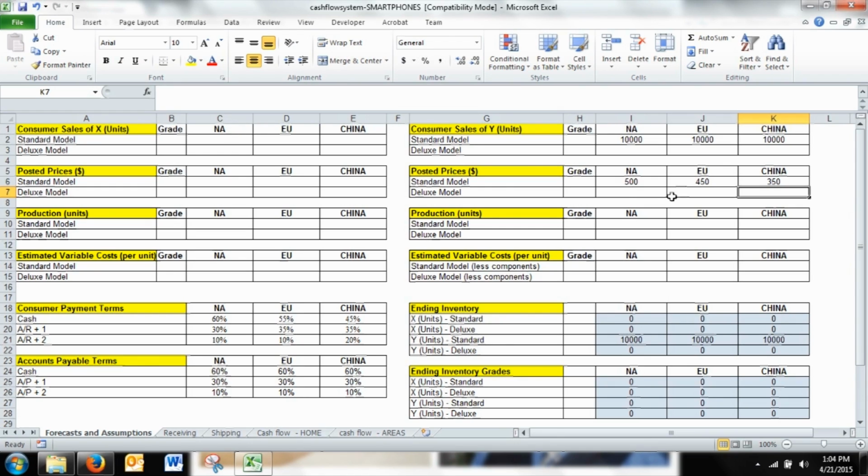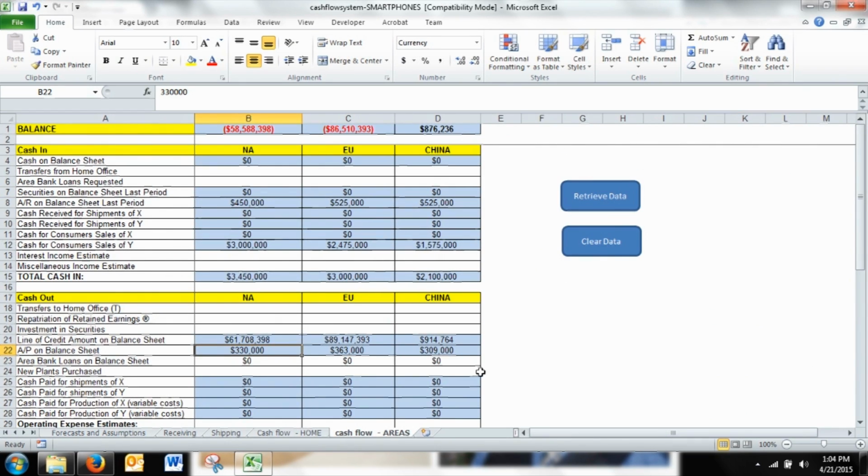Okay, so those are all our standard units, and we're going to sell all those. And once we make that assumption, you'll see that that is reflected in cash sales for Y in the area. So you can see we're going to receive 3 million, 2.45 million, and 1.575 million.